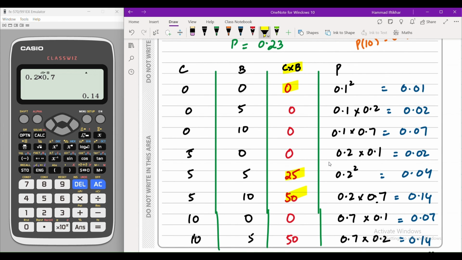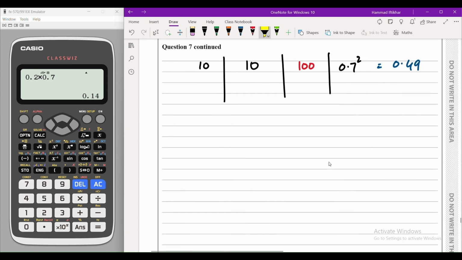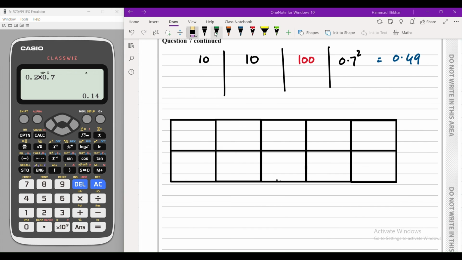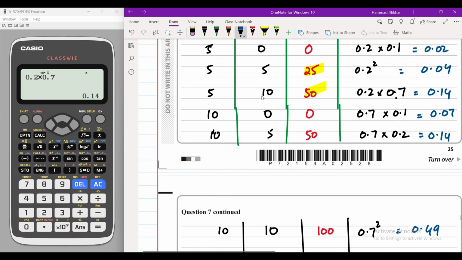Now we need another table. The unique values of the product are 0, 25, 50, and 100. So we just need one probability distribution table finally. Let's plug in the values for the product: 0, 25, 50, 100. Now for the 0, let's see how many times 0 is coming.